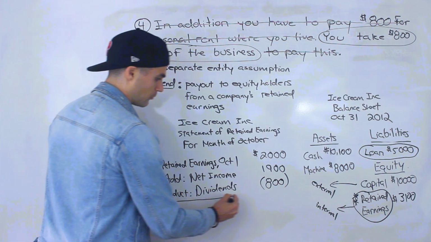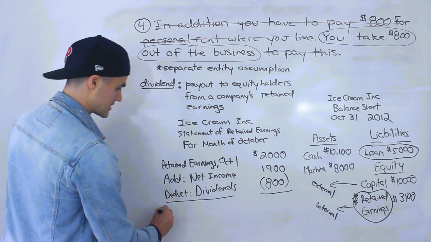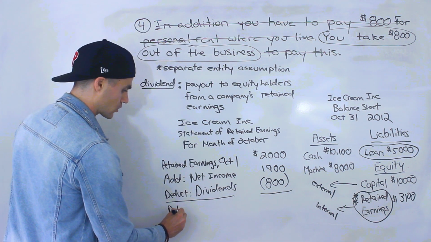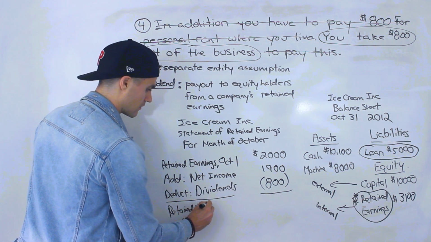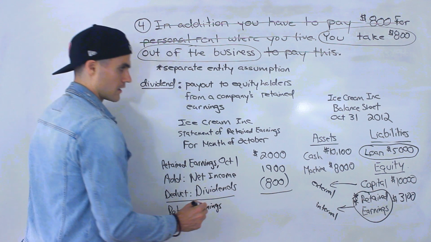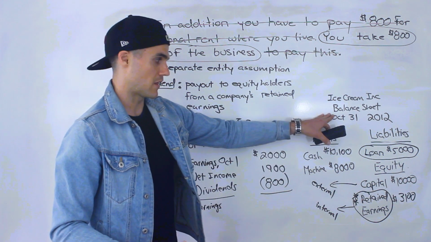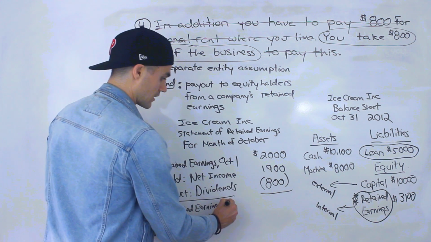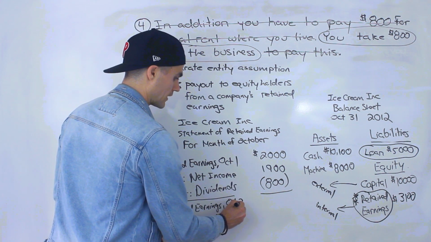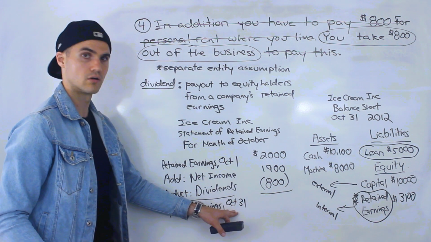And what we end up with, our final result, is going to be our retained earnings for the end of the month, this number here. So it's going to be, or for the end of the period, we're looking at October right now, so it's going to be October 31st.